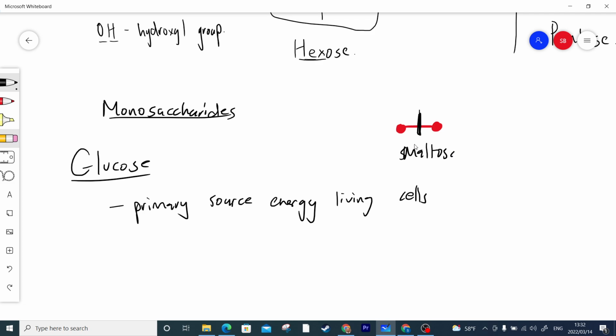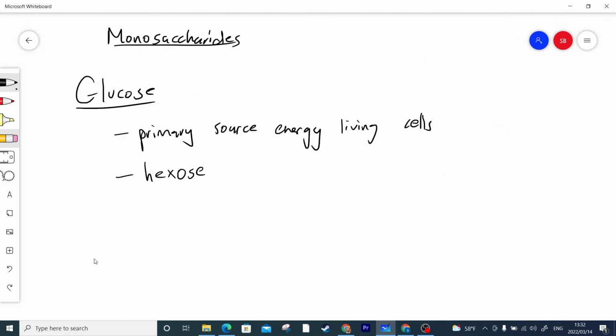It will chop up this bond effectively, and so that you've got this primary source of glucose, so that this glucose molecule can enter your cell and be metabolized, and it can get used for energy. So glucose is a primary source of energy for living cells. It's a monosaccharide, and it also forms under the umbrella of hexose sugars. Okay, 6 carbon sugars.